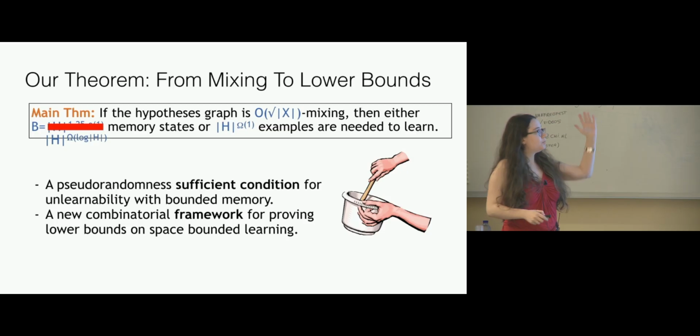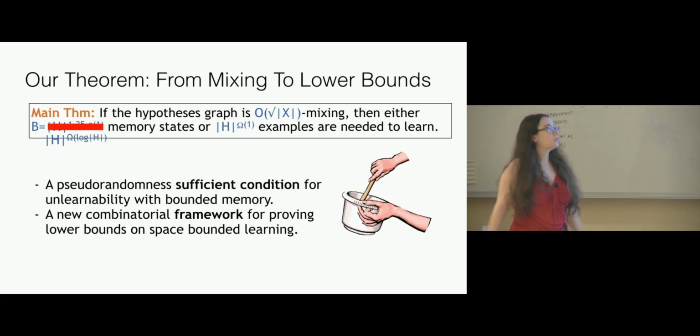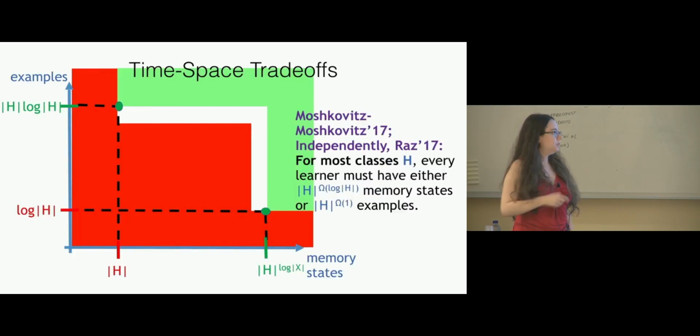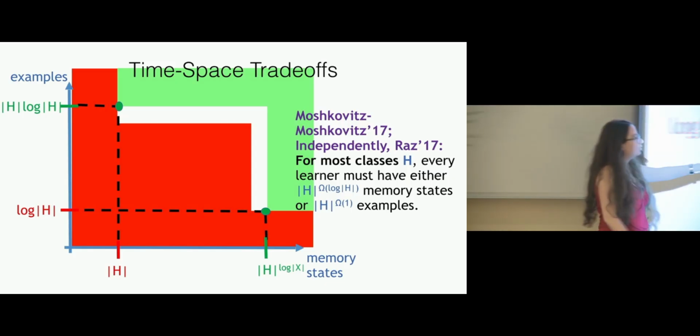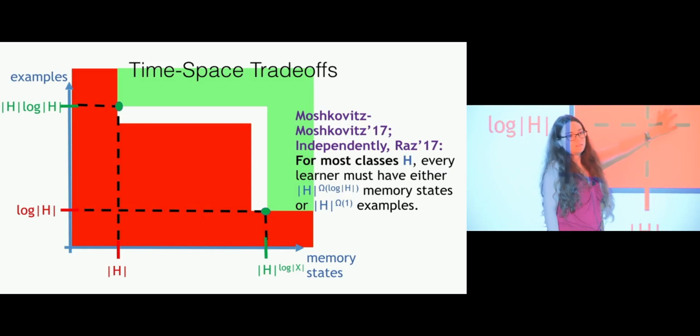Okay, after we proved this result, we were able, with new ideas, to improve this bound to a much better one. And this is our result. So let's look at what we have so far in the table. So this is our table. Most of the white square is impossible.